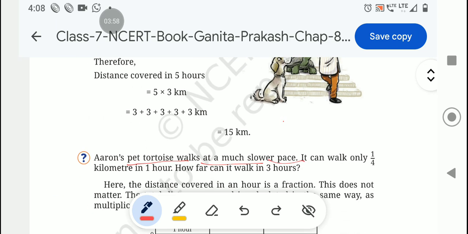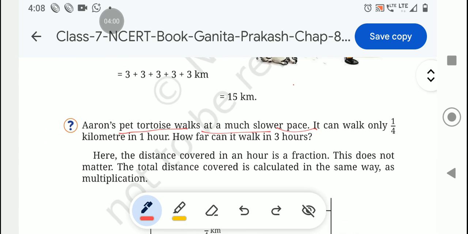Every tortoise walks very slowly. It can walk only 1/4 kilometer in 1 hour. How far can it walk in 3 hours?